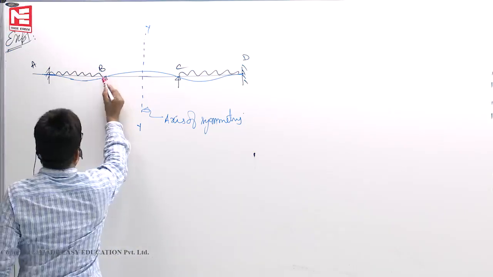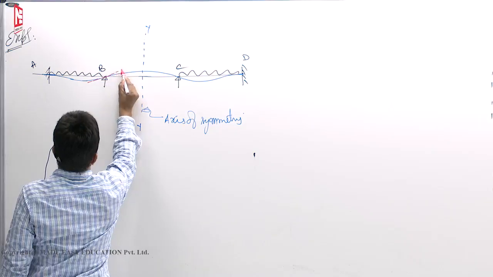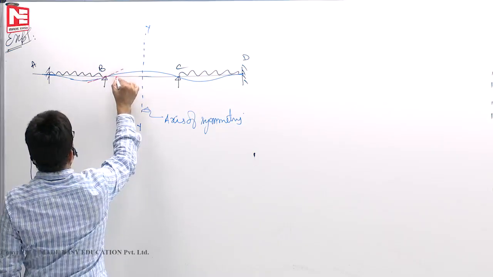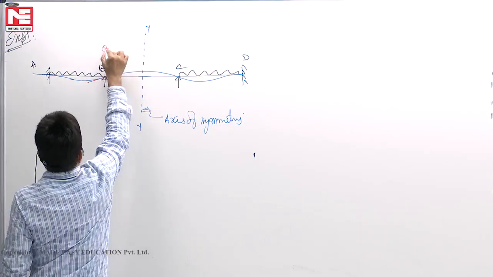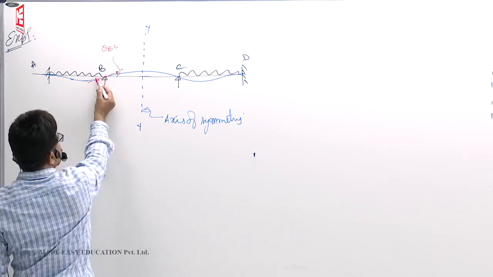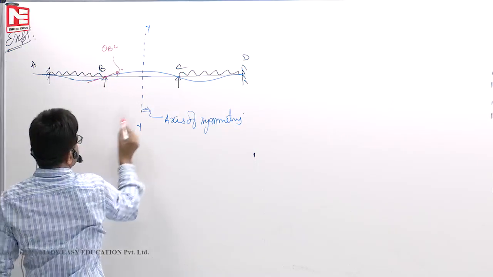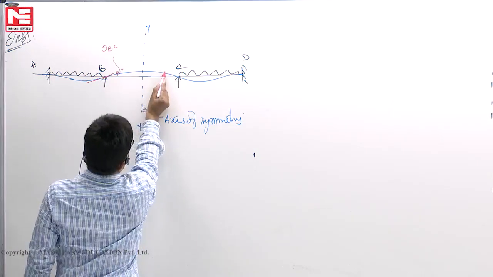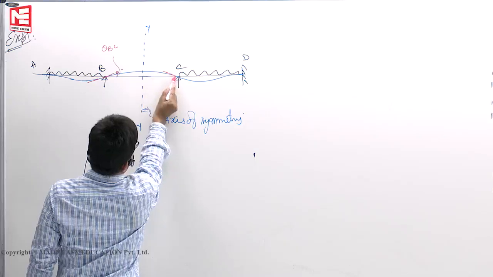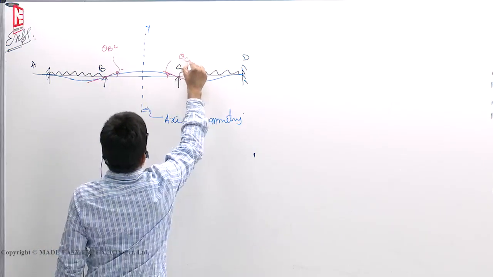Now, at this point, if you drop a tangent like this, there will exist some slope. This is theta BC, theta B also we can write. Theta BC and theta BA must be the same. Here also if you drop a tangent, this slope, let us say theta CB.